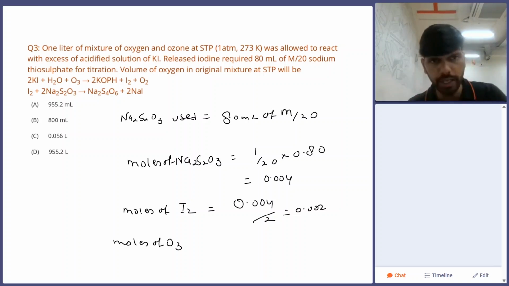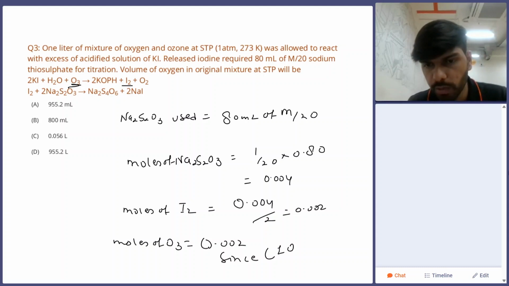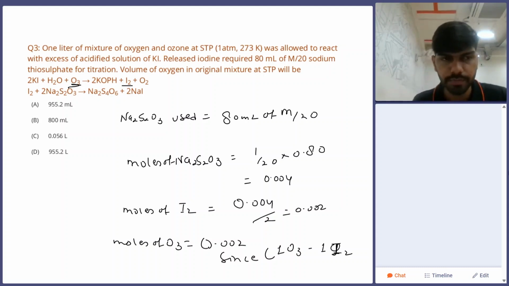Now moles of O3. Moles of ozone is 0.002, since 1 O3 gives 1 I2.